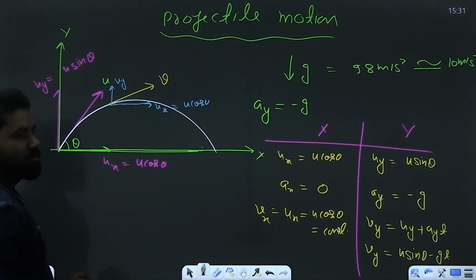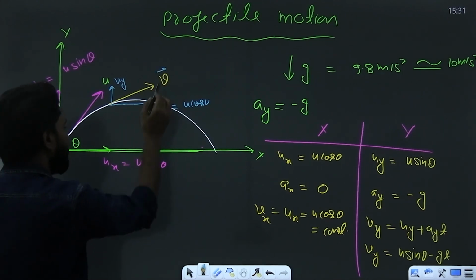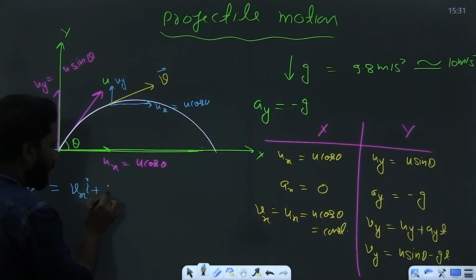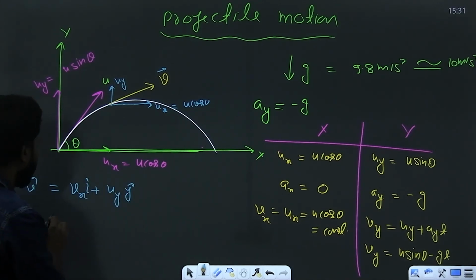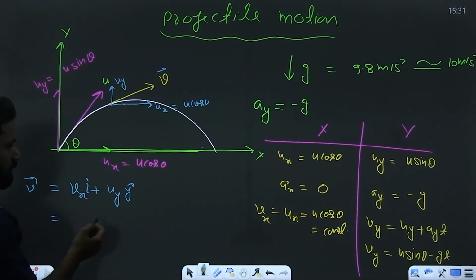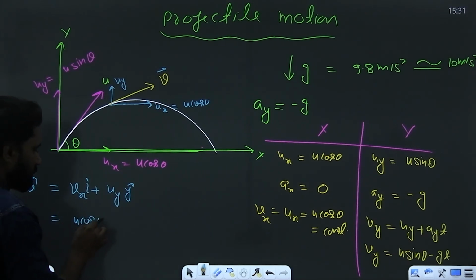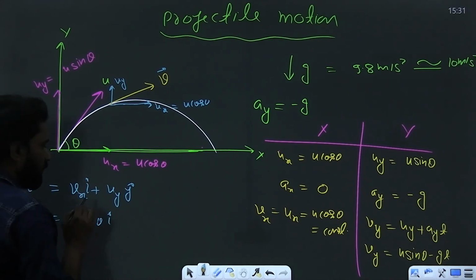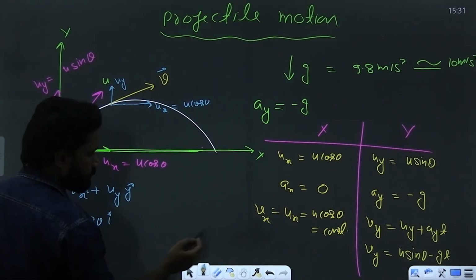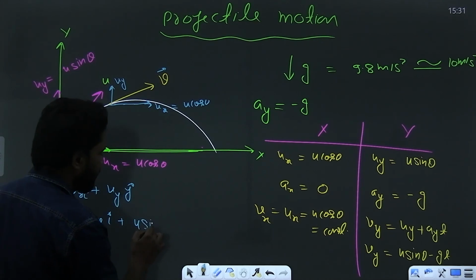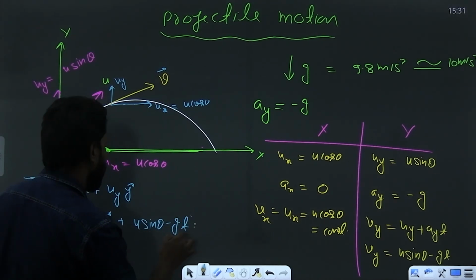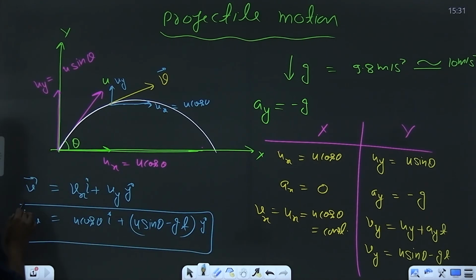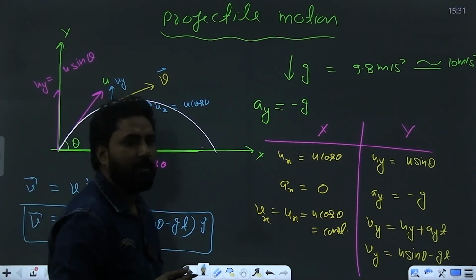So if we want to find out the velocity v at time t, we write v is equal to vx i cap plus vy j cap. What is the value of vx? That is u cos theta. And what is the value of vy? That is u sin theta minus gt j cap. So this is the velocity of the particle at time t.